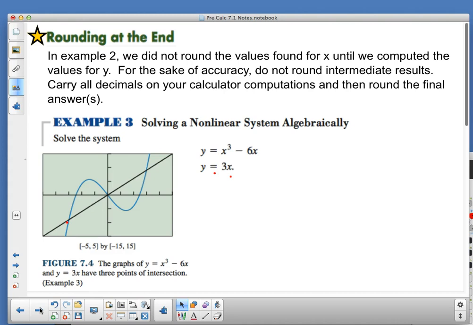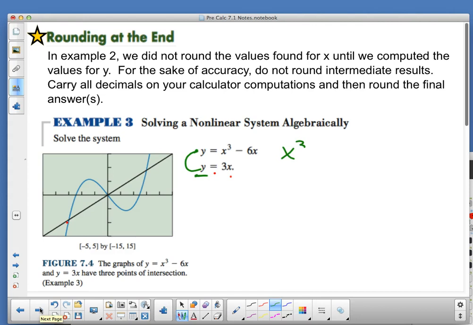Now in this next one, we're going to be solving a nonlinear system. Well, what is the purpose of this? We're looking at y is equal to x cubed minus 6x and y equals 3x. I want to know when they coincide, when they're equal. So we set up a system. And so now I can substitute in for y 3x. So we're actually going to do it the other way around because it'll be easier to solve.